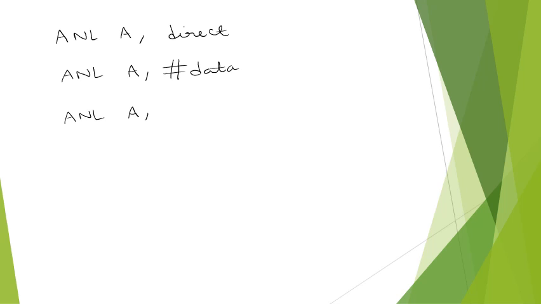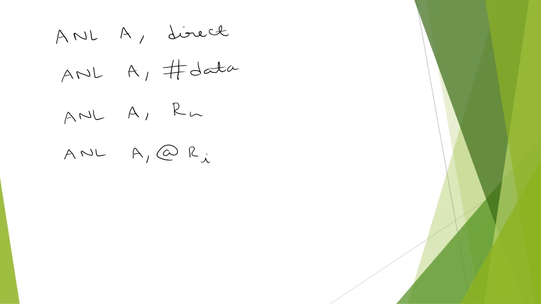So we have the examples ANL A, direct, ANL A, hash data, ANL A, RN, ANL A, at RI. So this is when the destination operand is accumulator.